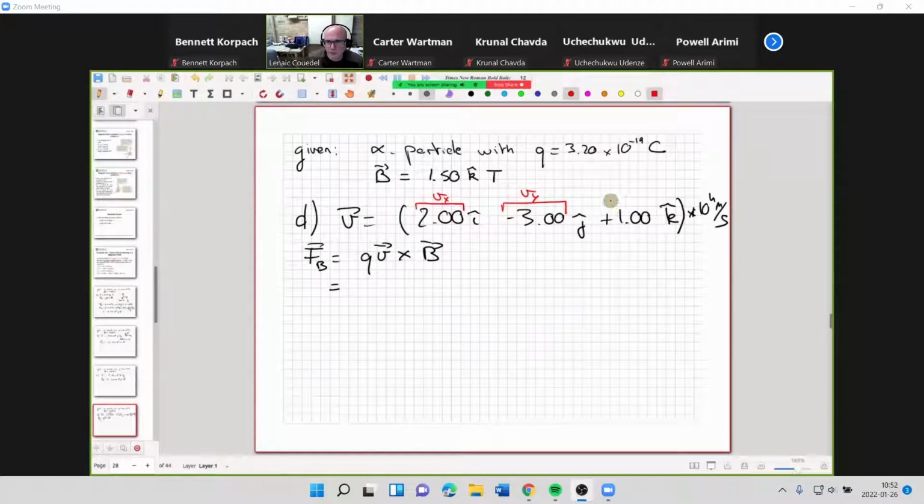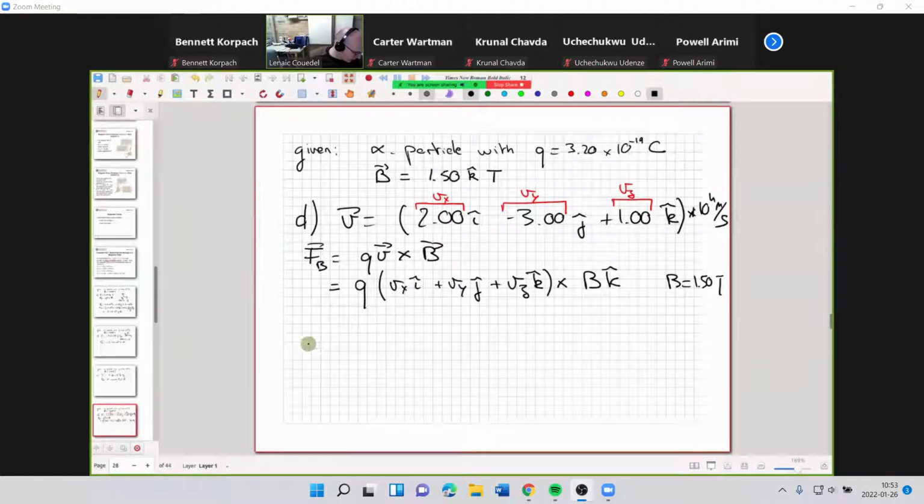And this number here, I will call Vz. So I can just write Q times Vx I hat plus Vy J hat plus Vz K hat, cross B K hat, where B is just 1.5 Tesla.